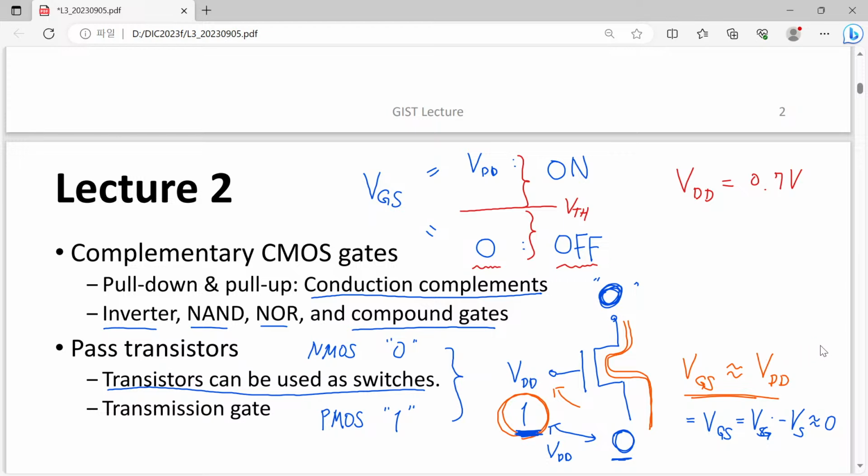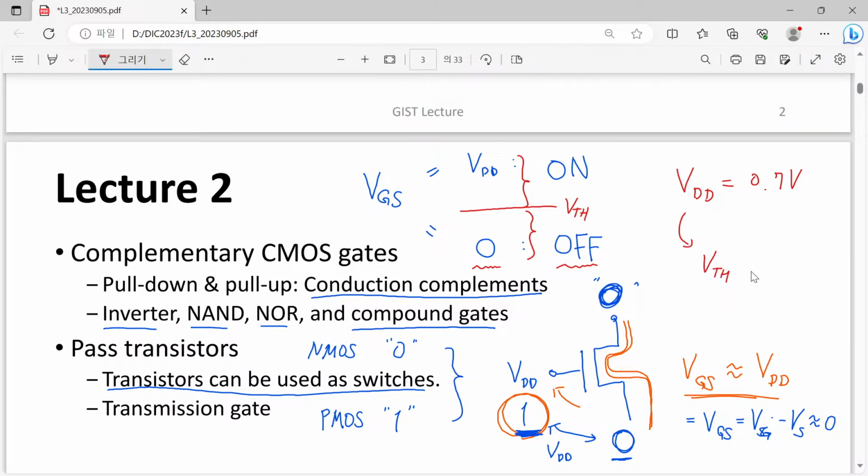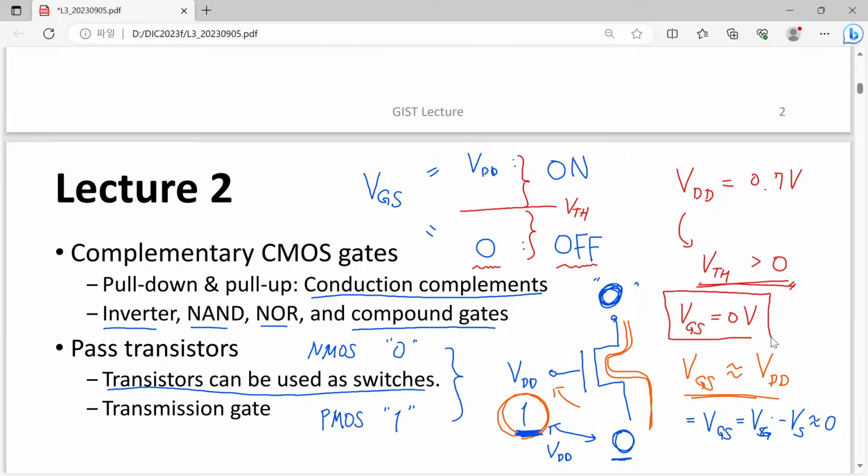But the point is, for NMOS, our VTH is intentionally adjusted to have a meaningful positive value. This is quite an important property, because, as he asked once previously, only when we have a positive threshold voltage VTH, then when we apply 0 volt, the transistor is turned off.